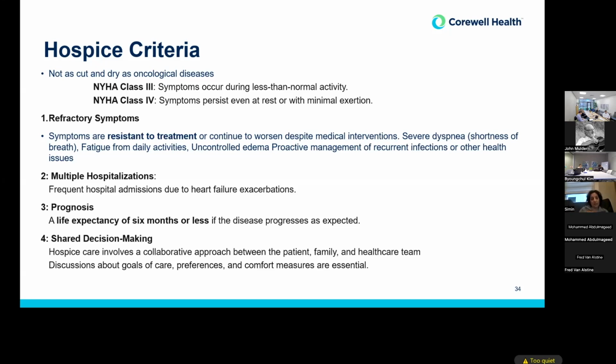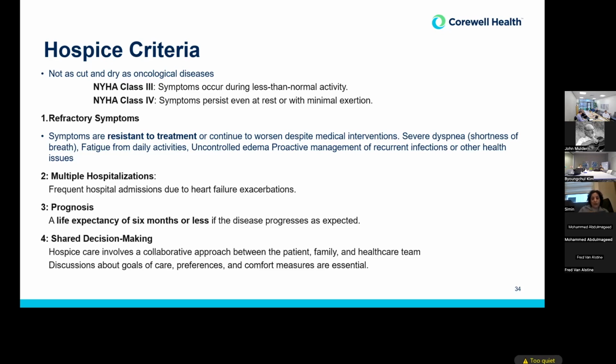If they've had multiple hospitalizations or ED visits, or if they really just do not want to go back to the hospital, they are a DNR, they do not want any further treatments done, and they have other significant comorbidities, we will admit patients with a class 3 to hospice with that.